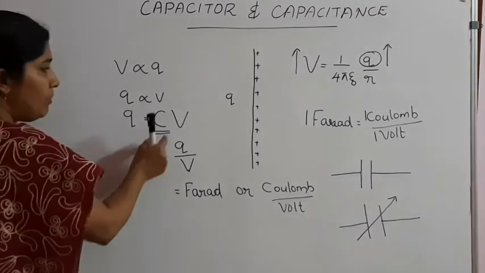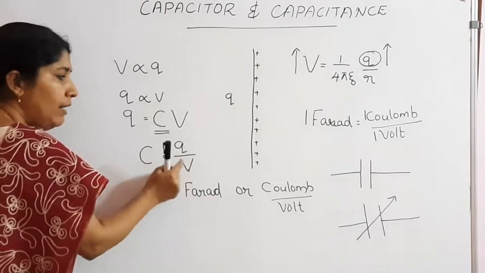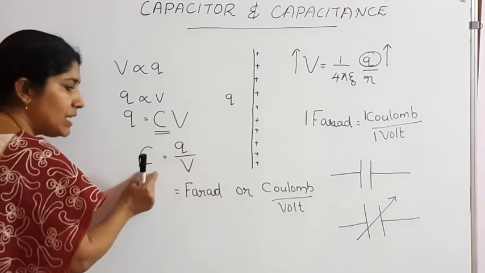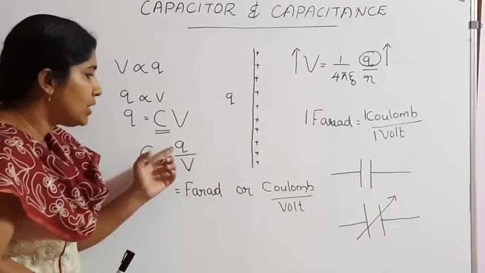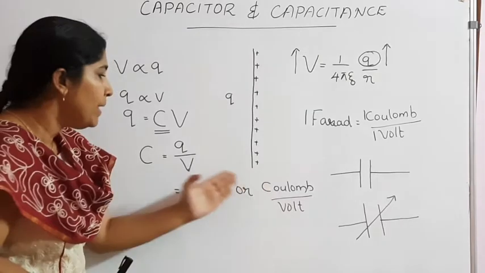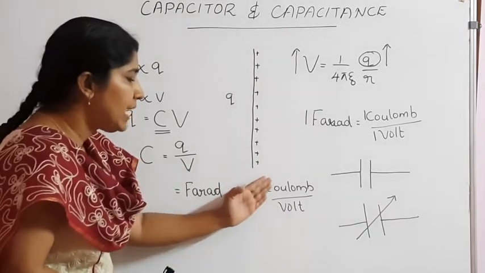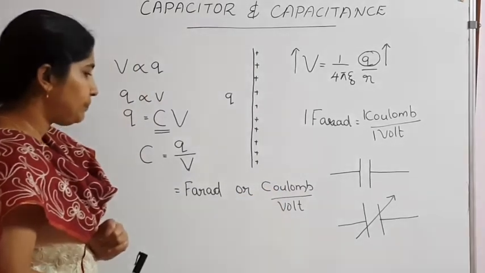From this equation, C is equal to Q by V. The unit of capacitance is farad, or the unit of charge is coulomb and the unit of potential is volt. Therefore, the second unit of capacitance is coulomb divided by volt.